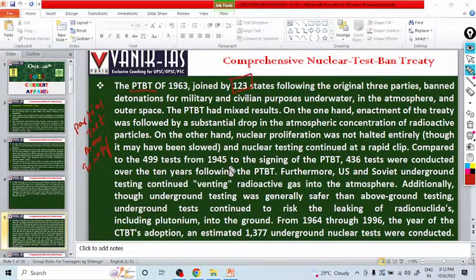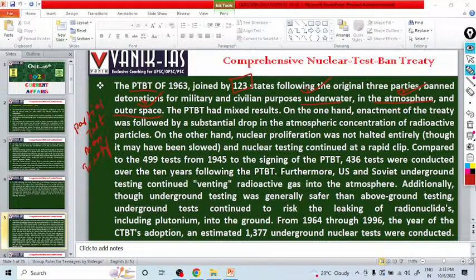Following the original three parties, it banned detonation of military and civilian purpose underwater, in the atmosphere and in the outer space. So, underwater test is banned, atmospheric test is banned, and outer space testing is banned. So, this PTBT prohibited testing of nuclear weapons underwater, in the atmosphere and outer space.